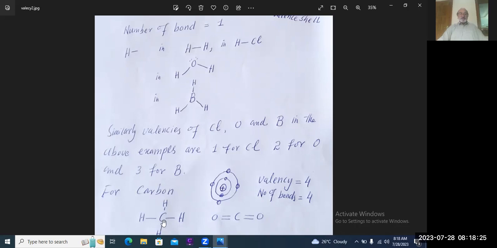Carbon is bonded to hydrogen through 4 bonds: 1, 2, 3, 4. Similarly, carbon is bonded to oxygen on both sides through 4 bonds. You can count 1, 2, 3, 4.